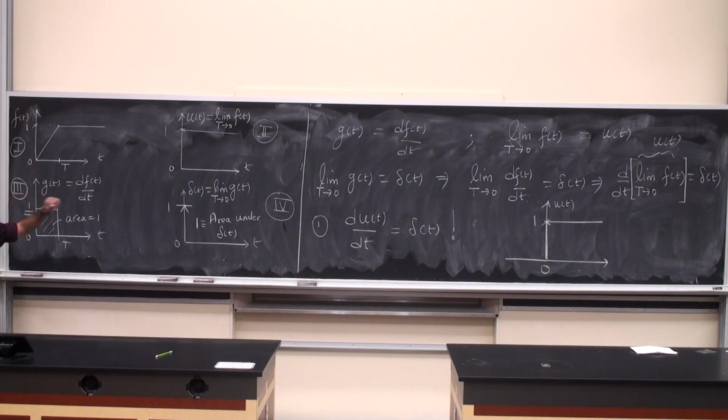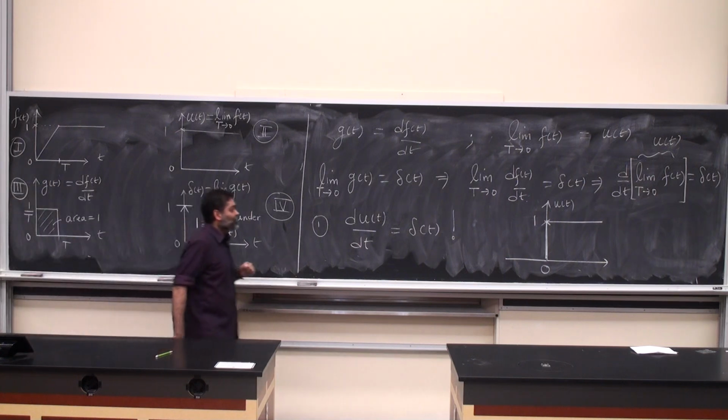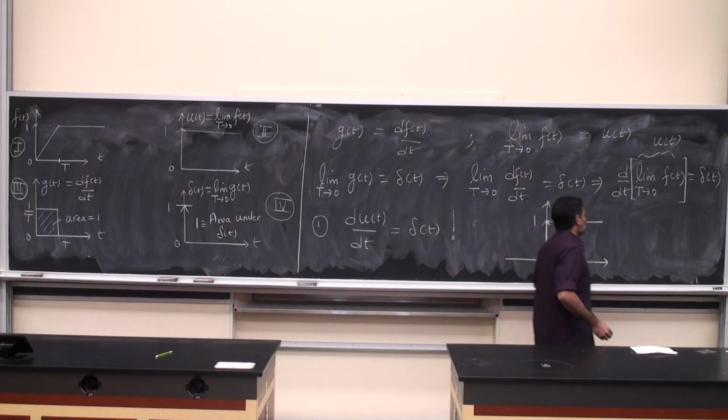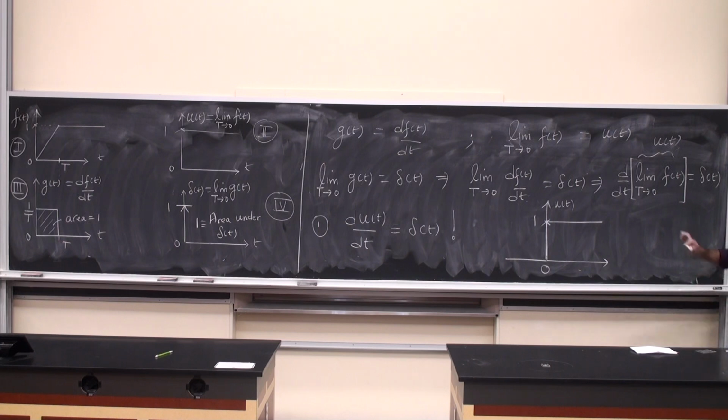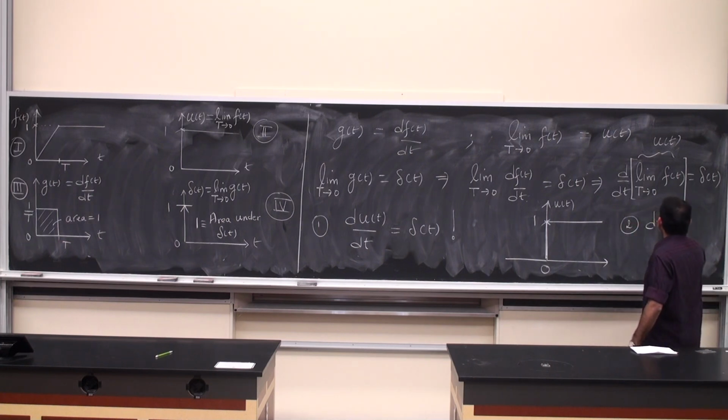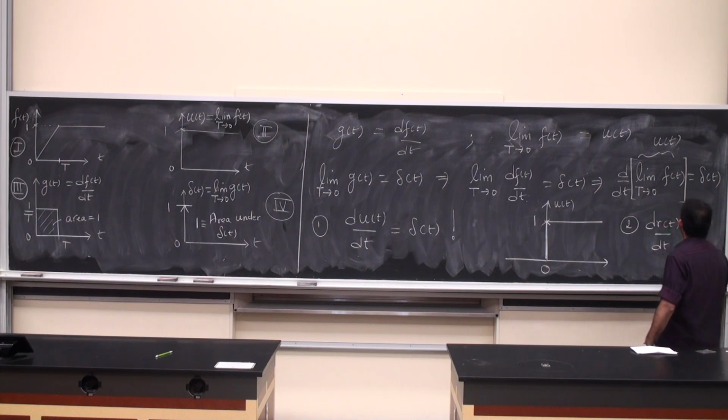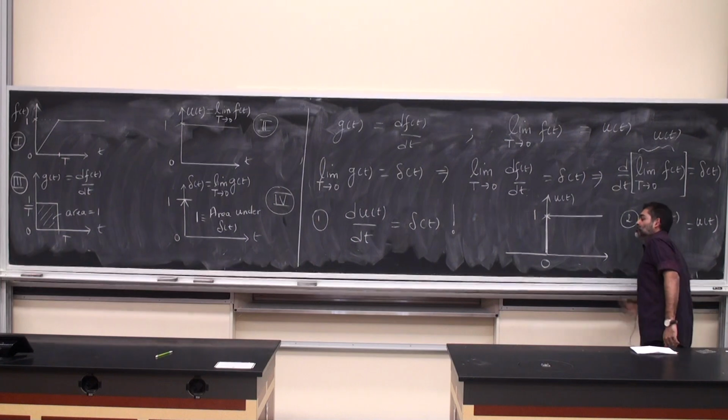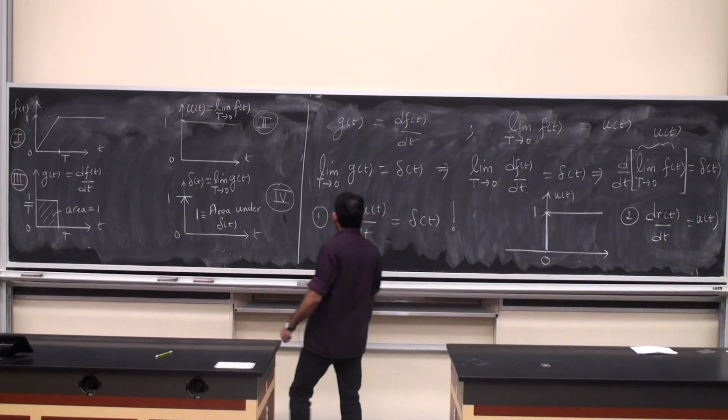Okay, and this ends up having the following value. And I want to see if everybody is on the same page. This was one result that I had. The other result, recall from before, dr of t by dt is u of t, where u of t is the unit step function.